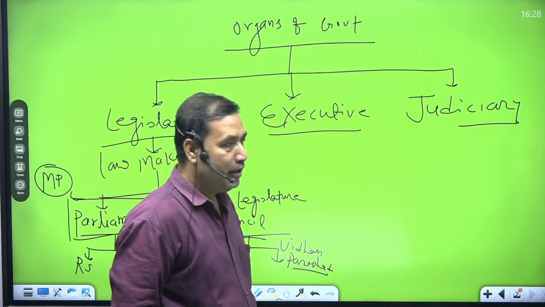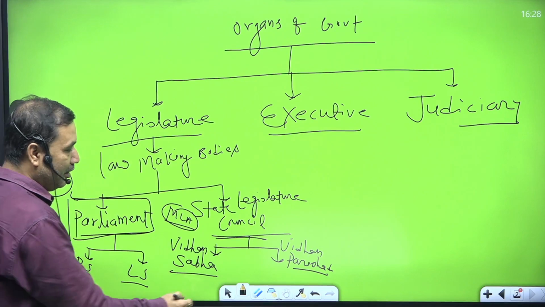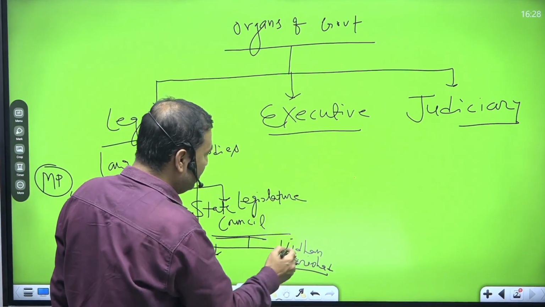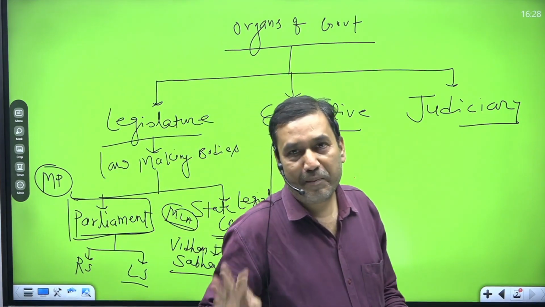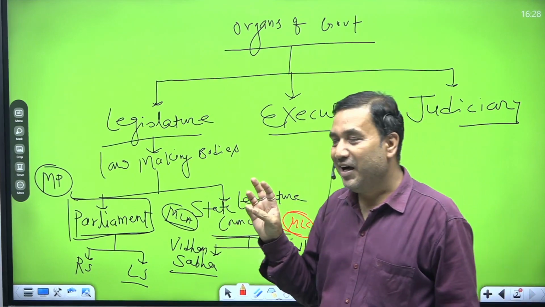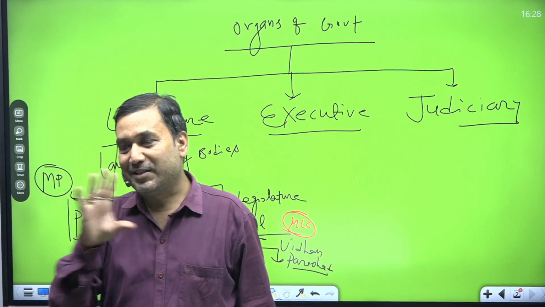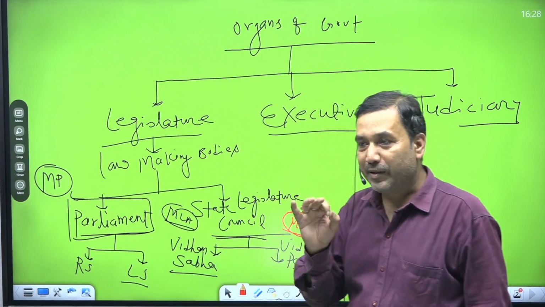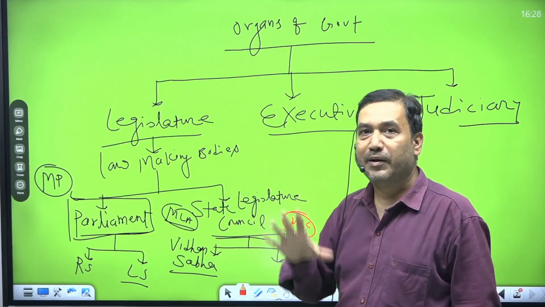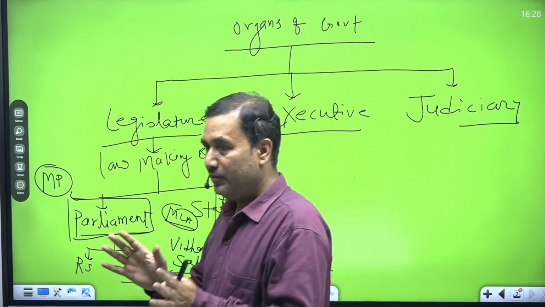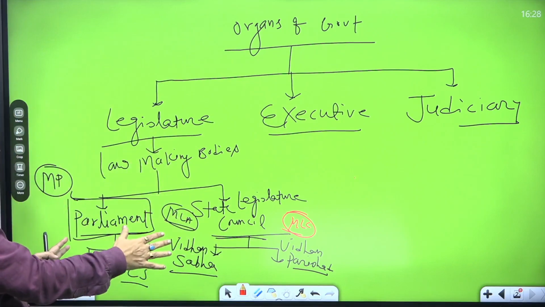A Vidhan Sabha member is generally called MLA, member of legislative assembly, and a Vidhan Parishad member is called MLC. MLC exists only in 6 states: Bihar, Uttar Pradesh, Karnataka, Andhra Pradesh, Telangana and Maharashtra. The remaining states have only Vidhan Sabha. Vidhan Sabha exists in all the states, right? And these are the law making bodies.